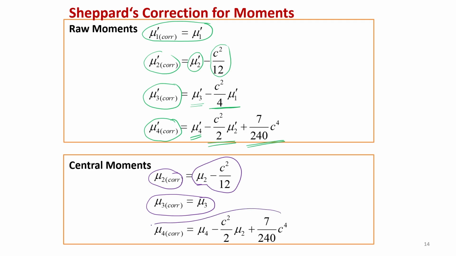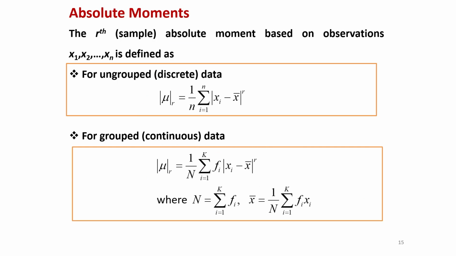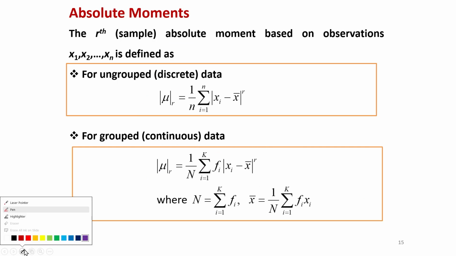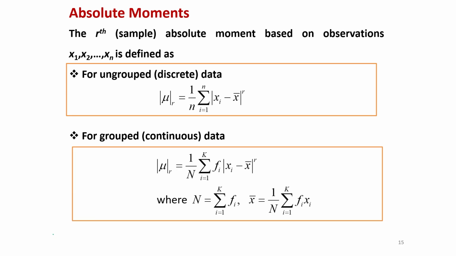The fourth corrected central moment will be mu 4 minus c square by 2 mu 2 plus 7 by 240 c raised to the power of 4. Why is there no mu 1 corrected? Because this value is always 0, right. So this is how we can correct our raw and central moments for the grouping error.